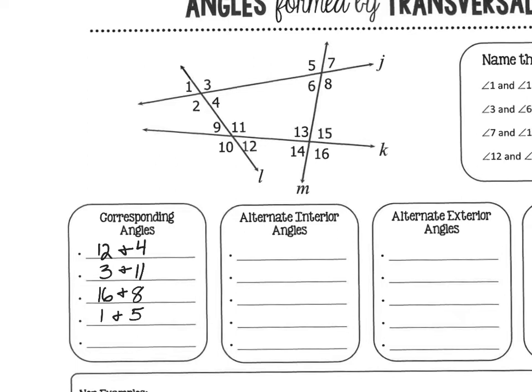And 1 more. 7 and 11. No. Because they don't share a transversal. 12. Not 14. 10 and 14. Good.